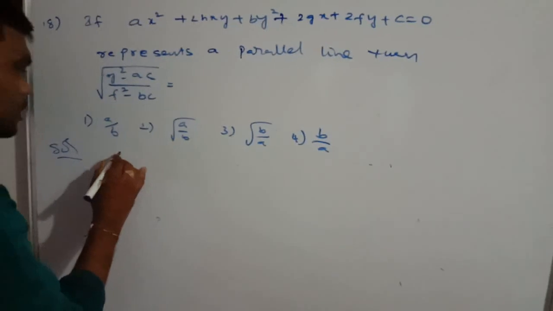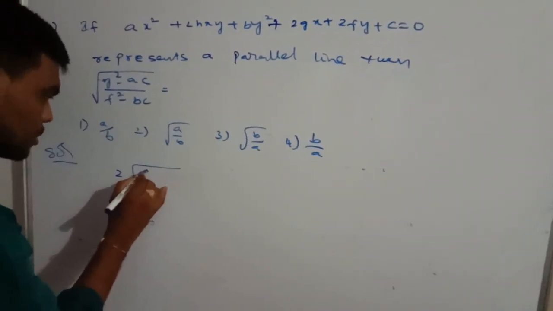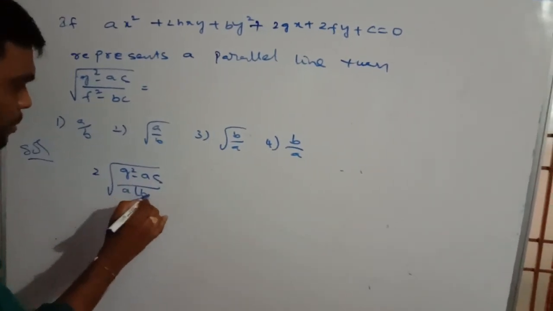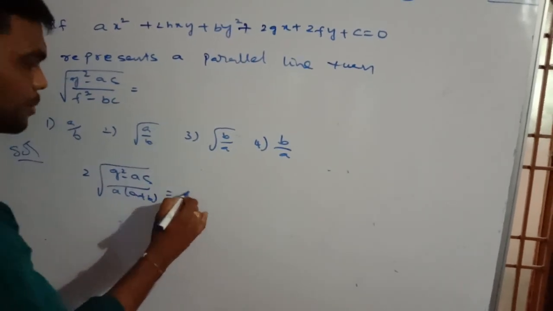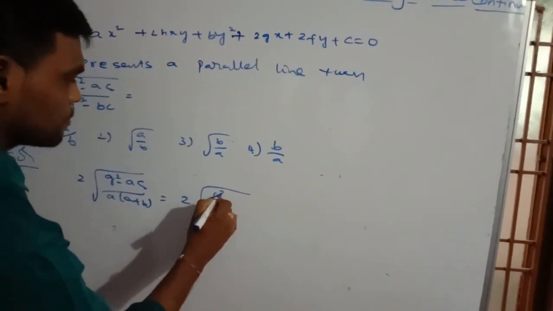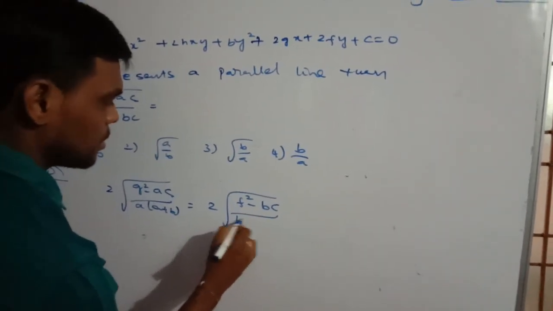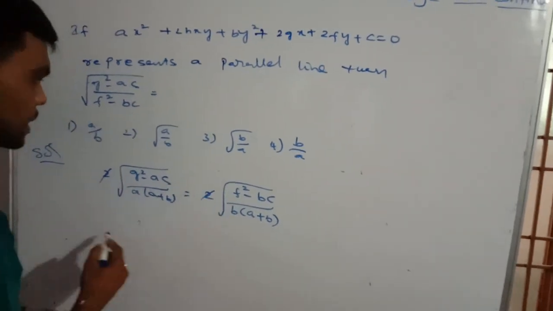Now the distance between the parallel lines is 2 into root of (g square minus ac) by a into (a plus b), and is equal to 2 into root of (f square minus bc) by b into (a plus b), and this 2 cancels.